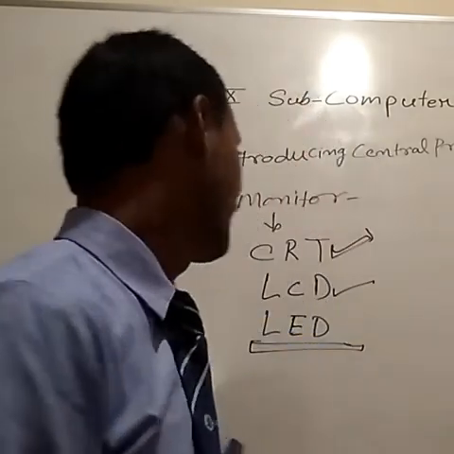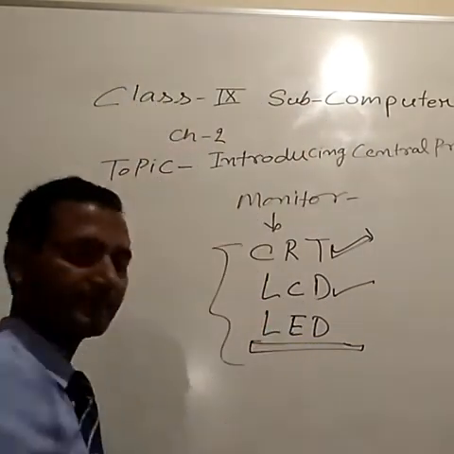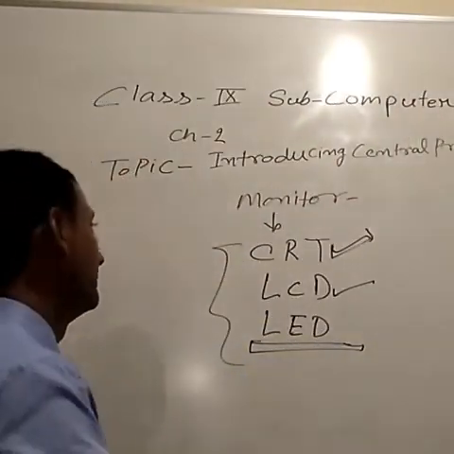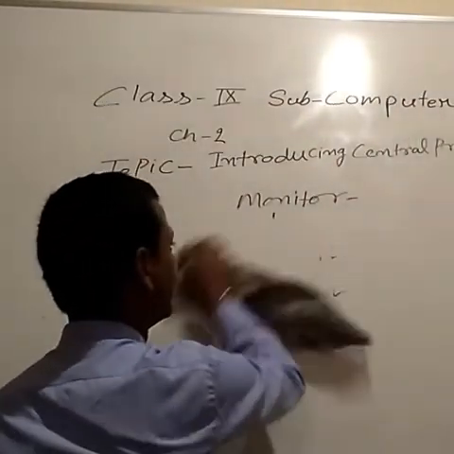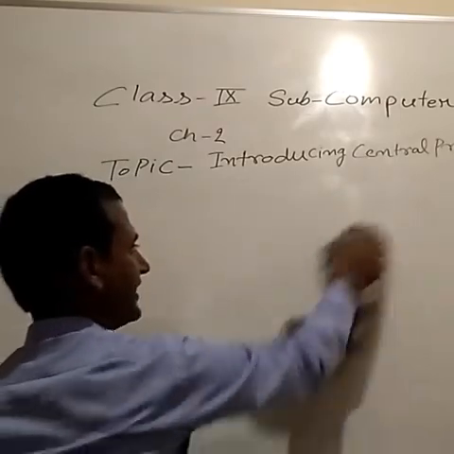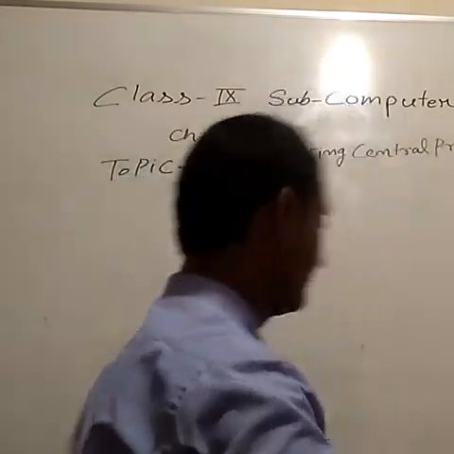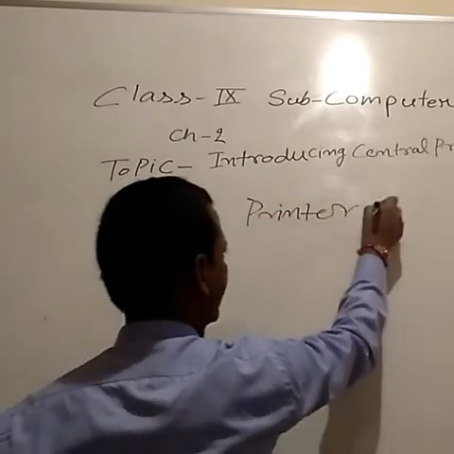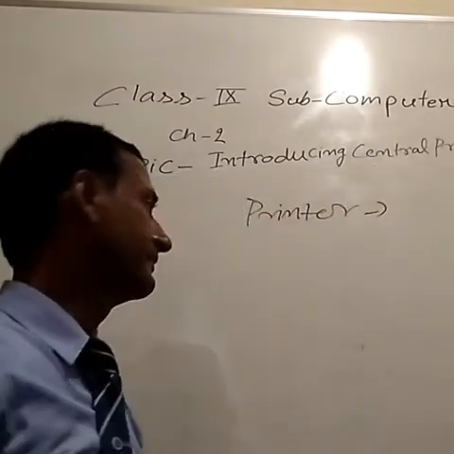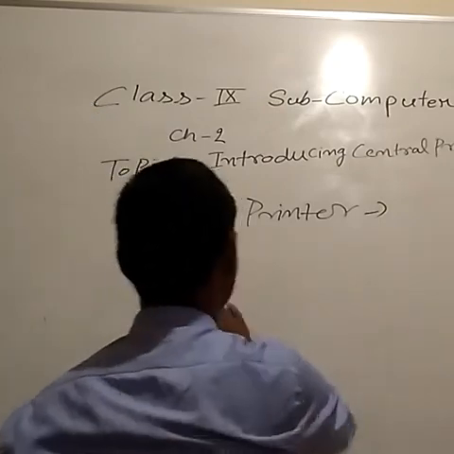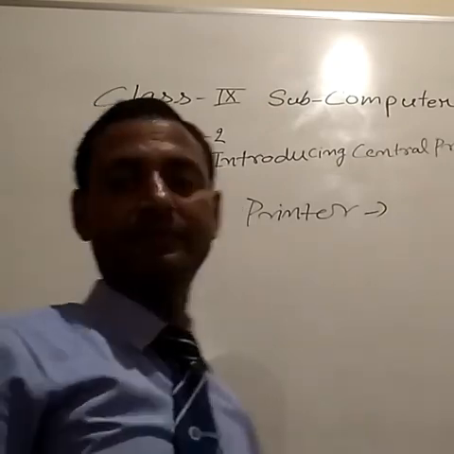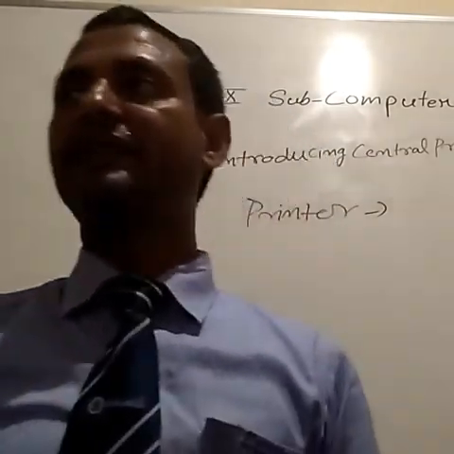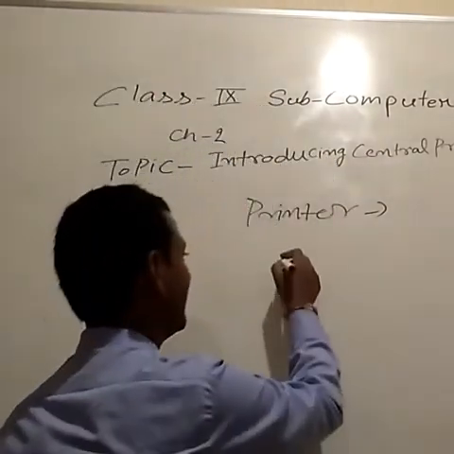Now we will learn about printers. A printer is also an output device. There are two main types of printer: impact and non-impact.